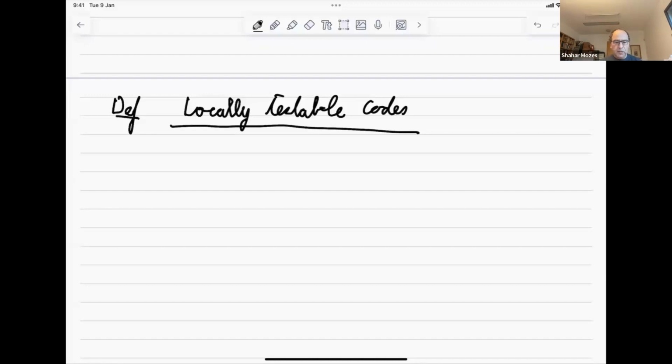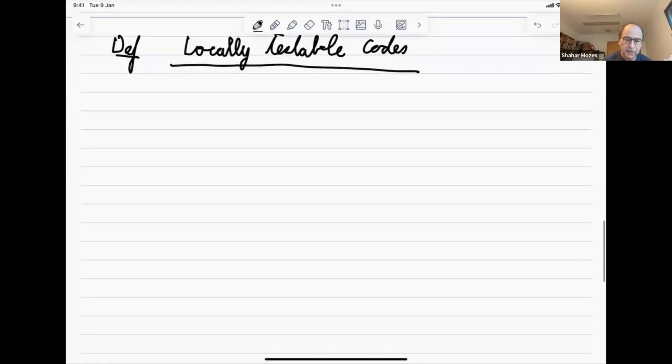And so this definition, let me write the definition. We have some Q, which is going to be some fixed number, not too large, and you have some kappa bigger than 0.